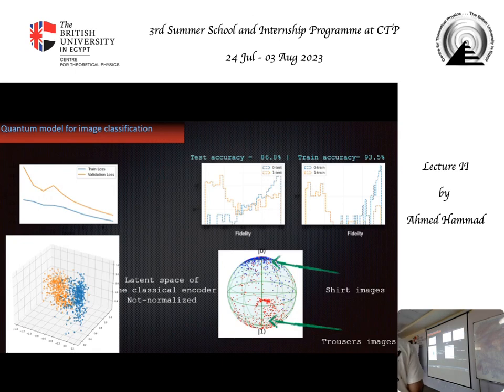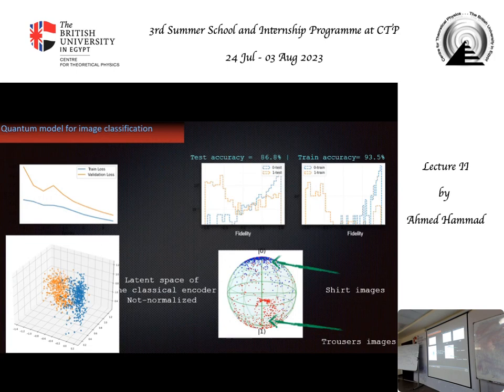Okay. Here, this is the fidelity as a classifier, and the fidelity ranges from -1 to 1. And as you can see, test 1 is basically the predicted data for shirts, and test 0 is the predicted data for trousers.